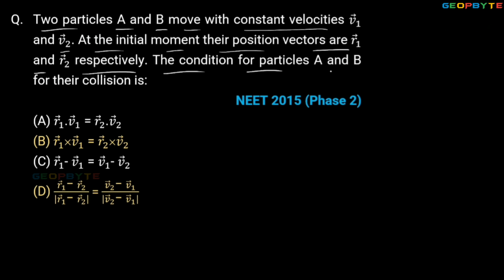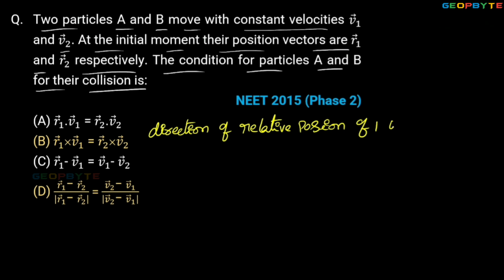The condition for particles A and B to collide is, as you know, the direction of relative position of one with respect to two, equal to r1 minus r2 by modulus of r1 minus r2. This is the direction of relative position of one with respect to two.